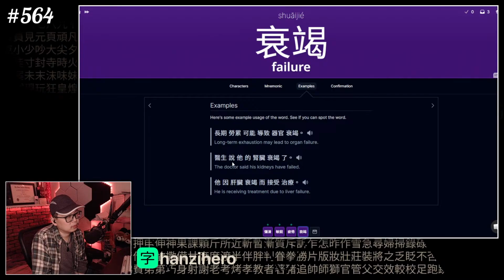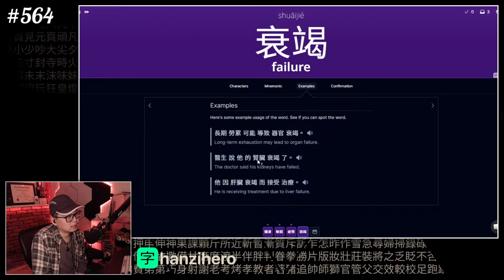医生说他的是哪几 heck 这样. What type of organ? 是肾还是肾?